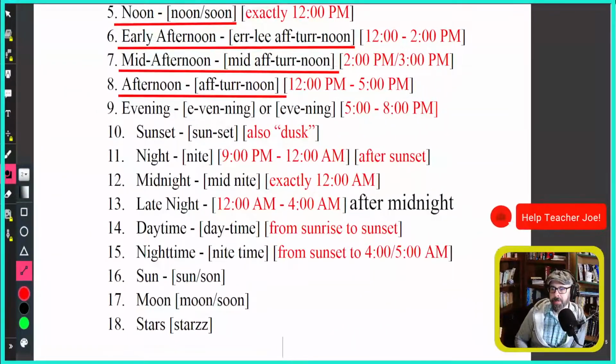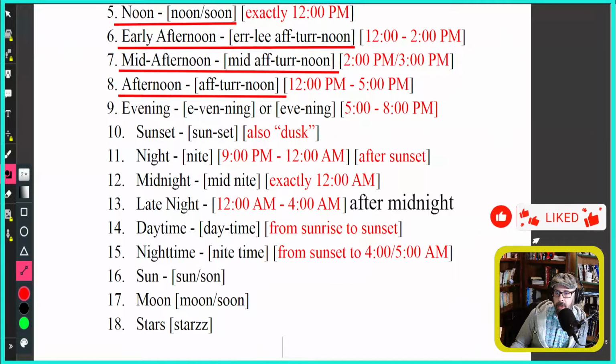Now, number 9 can be pronounced two different ways. You can pronounce number 9 with 3 sounds or 2 sounds. Let's go back and look at number 9.